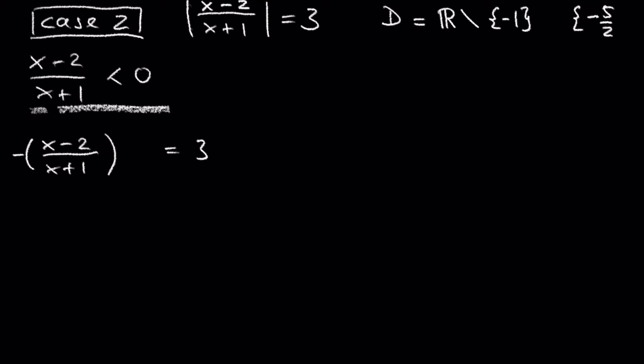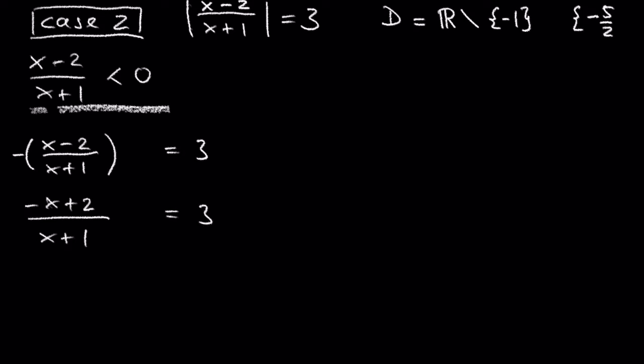So we have negative x plus 2 divided by x plus 1 equals 3.